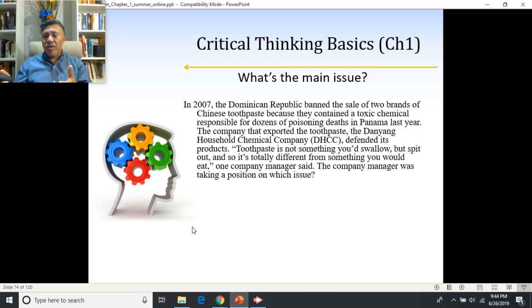"Toothpaste is not something you'd swallow, but spit out. So it's totally different from something you would eat," one company manager said. Okay, here's the question. The company manager was taking a position on which issue? What is the actual question that the company manager is answering?